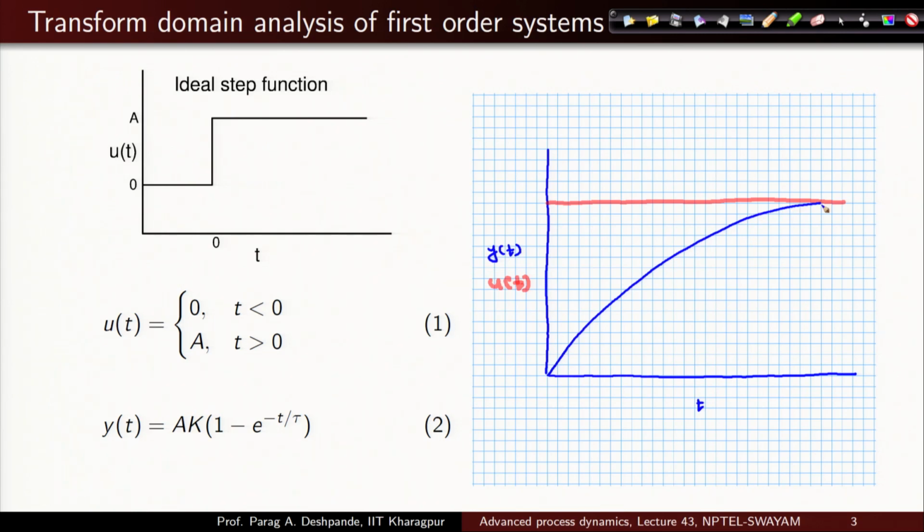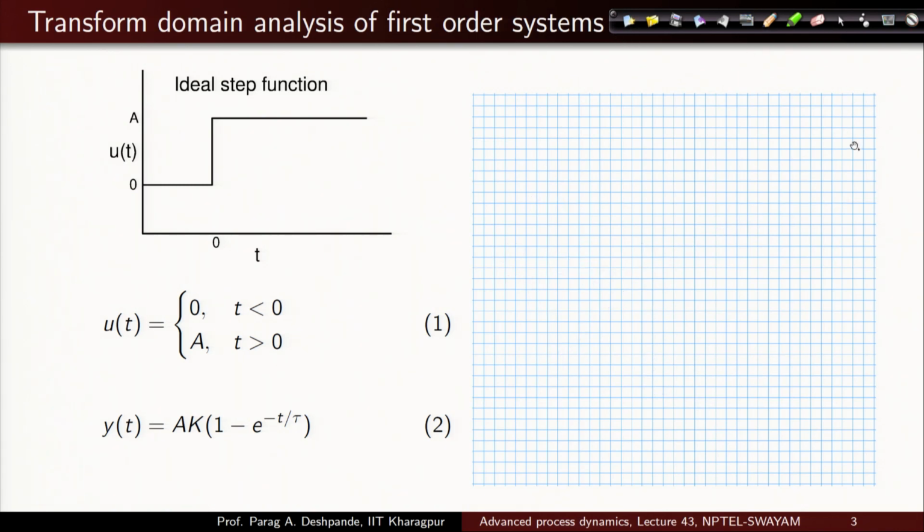This is the general behavior of the system, and if you declare this as tau, the time constant, then you will see that this is 63.2% of A, if this is A. So, this is what we saw about the ideal step function in the previous lecture.